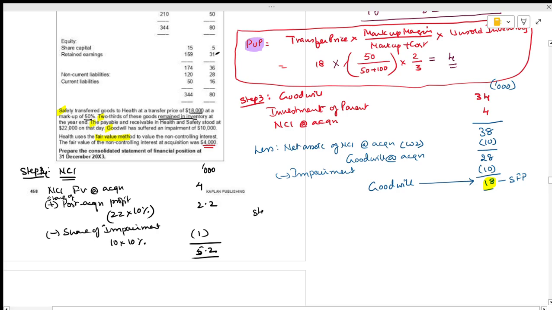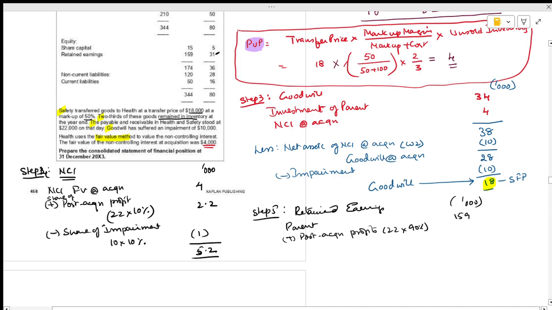Next. Step 5. Retained earnings. How much is the parent's? Parent is 159, in thousands. Add post acquisition profits, 22 times 90%.